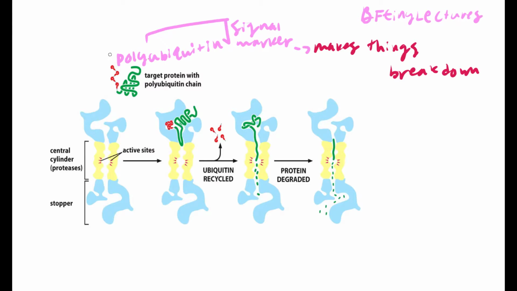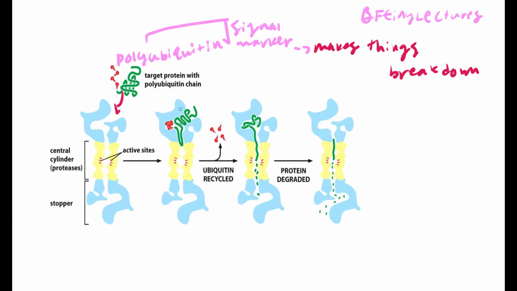Whenever something is marked with polyubiquitin, the proteasome is going to open up, and when it opens up, it accepts the peptide, right? The protein cannot enter this site without having a ticket, and this ticket is the signal of polyubiquitin.